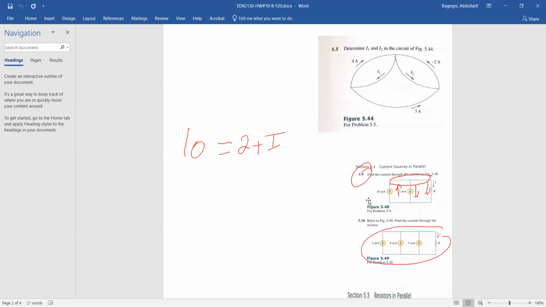And then this one would be current entering the node. Again, this is one node. Current goes in, current leaving. Entering the node is 2 milliamps, current leaving plus... I covered this with my hand.